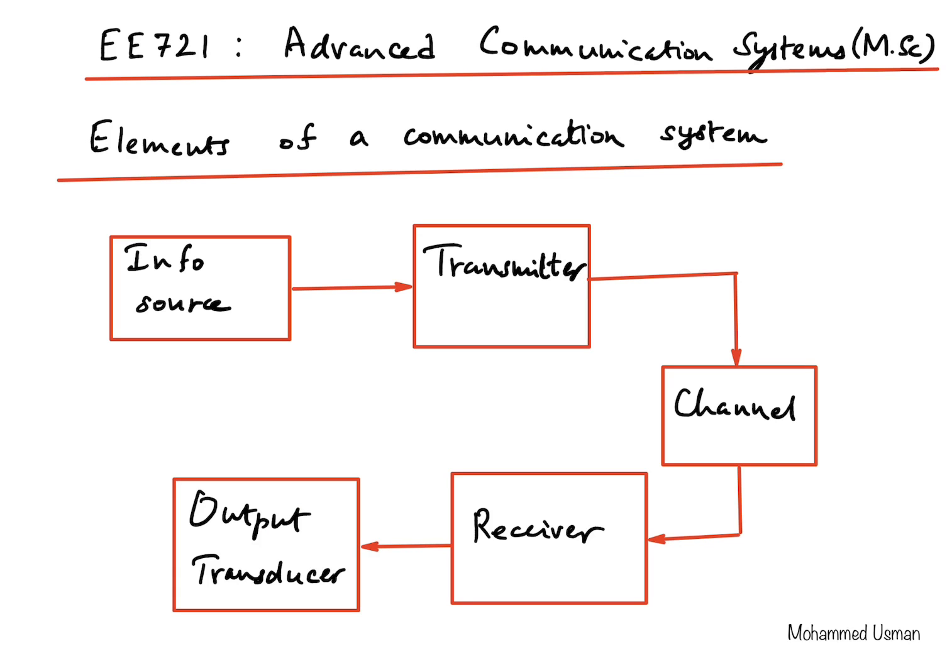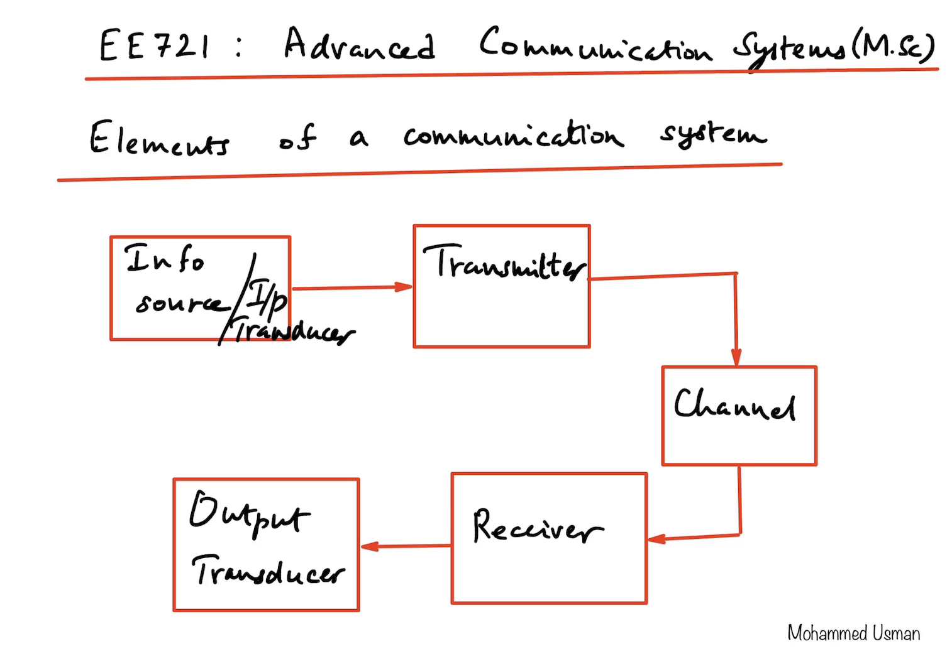And corresponding to the output transducer, at the information source we will also have the input transducer. For example, if it is voice or sound signals, then the input transducer is a microphone and the output transducer would be a speaker. If it is some other form of signal, the transducers would vary.